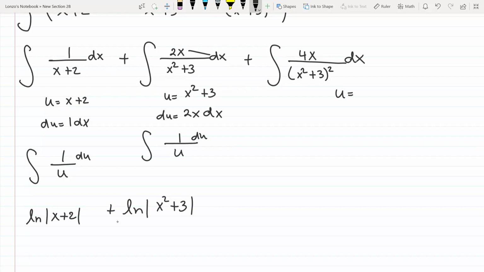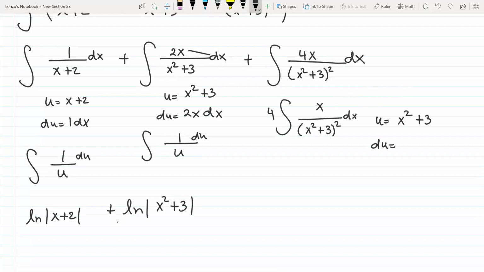Over here, my u would be x squared plus 3. My du would be 2x. Wait, hold on. Is there anything I can do before I do my u substitution? Yes, I can take out my 4. So u is going to be x squared plus 3. du is 2x dx.